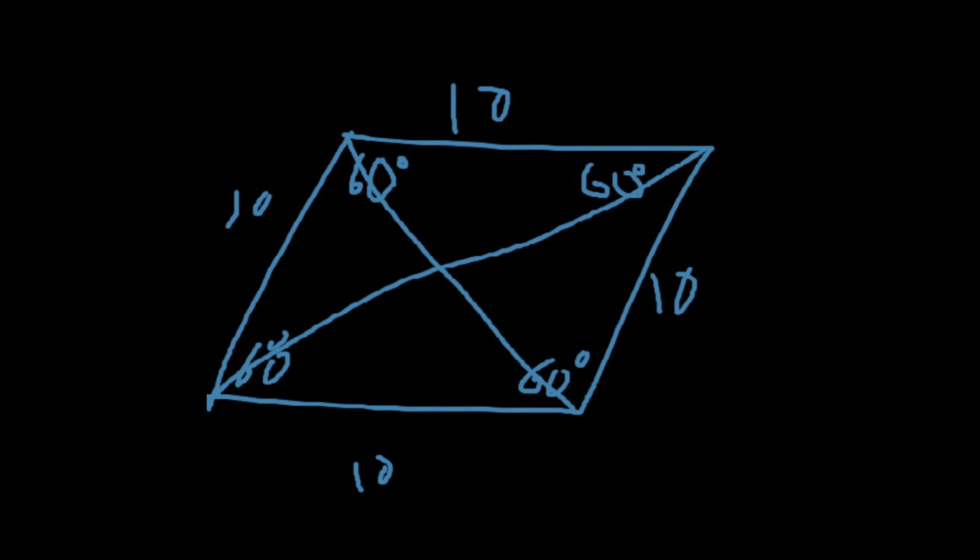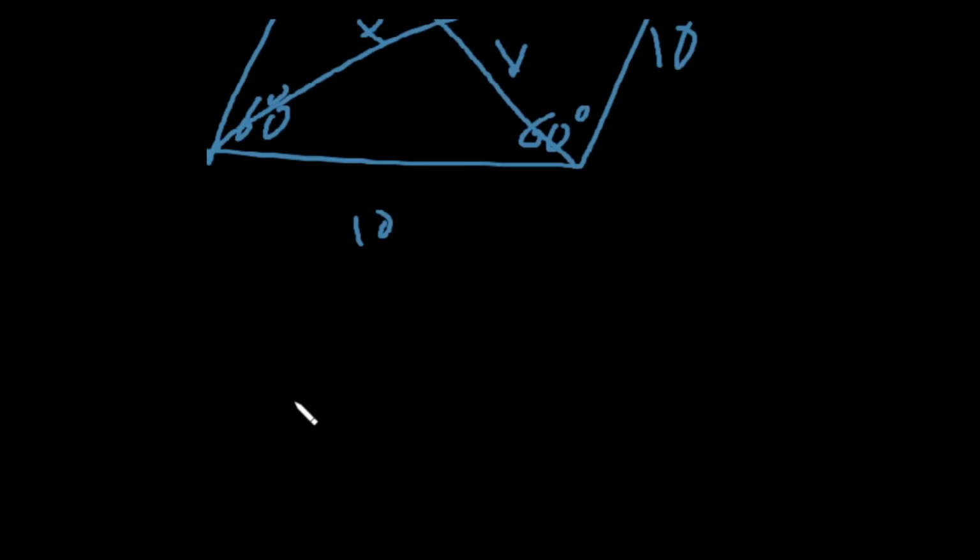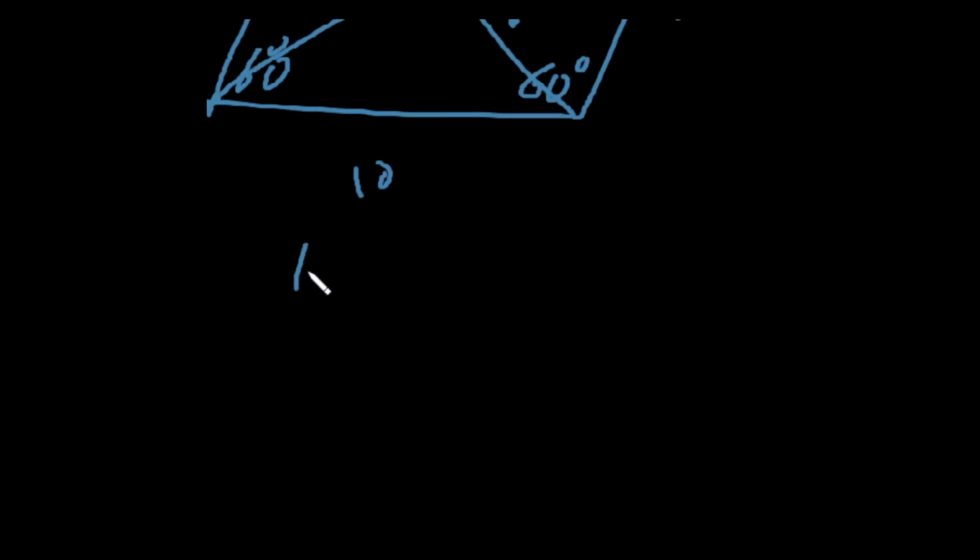Do rhombuses have equal sides? All sides of a rhombus have equal sides, yes. So all we have to do is find the hypotenuse of 10. So the hypotenuse is x, and this one is x. Since these two are the same, the area of a rhombus is the side length, so it's probably like x squared.